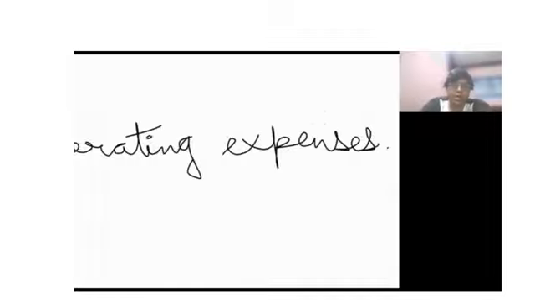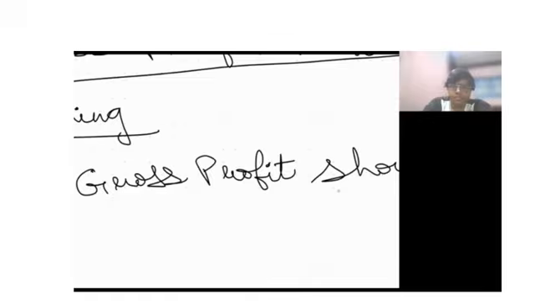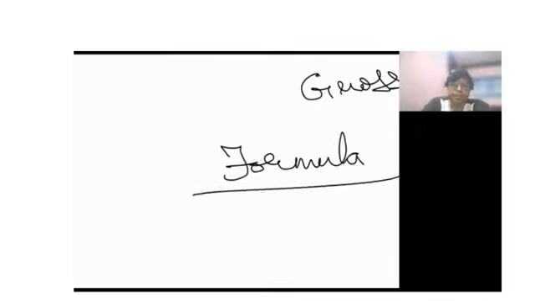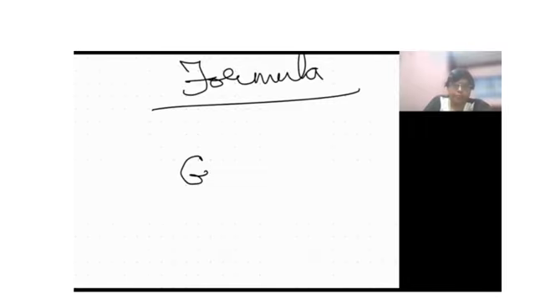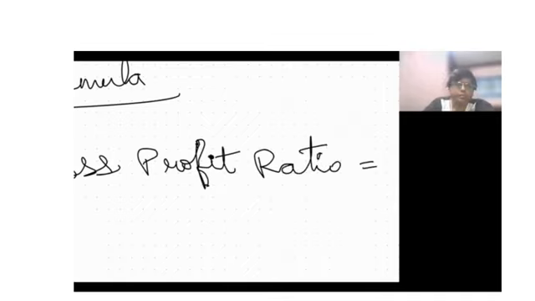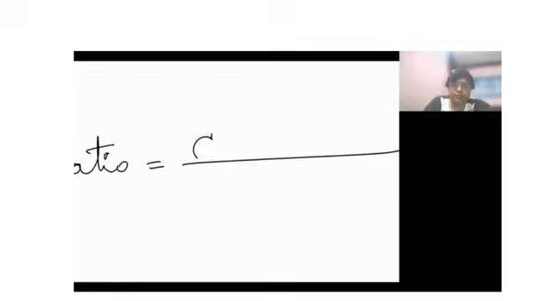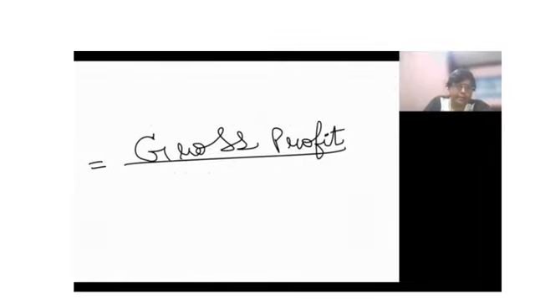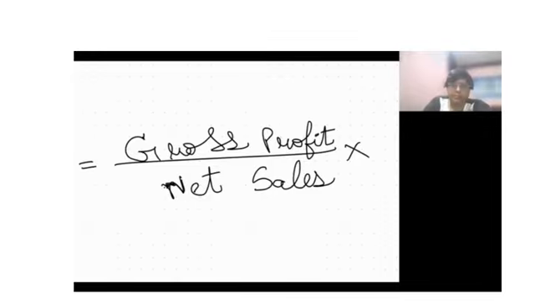So this formula is: gross profit ratio equals gross profit divided by net sales, multiplied by 100.